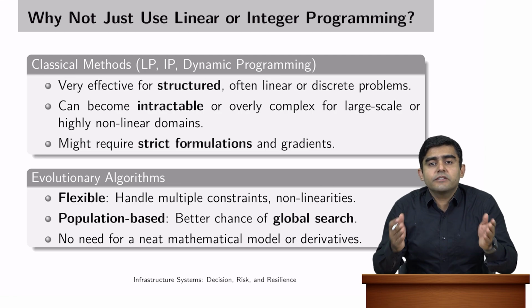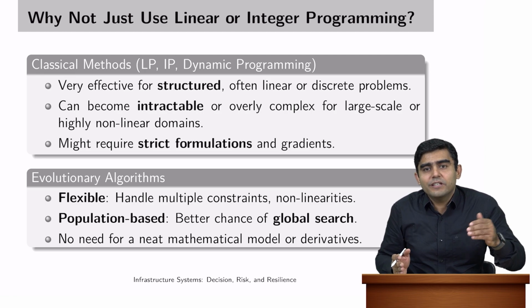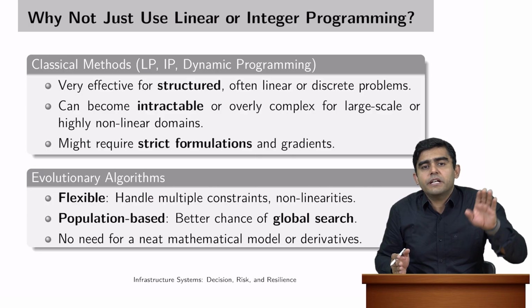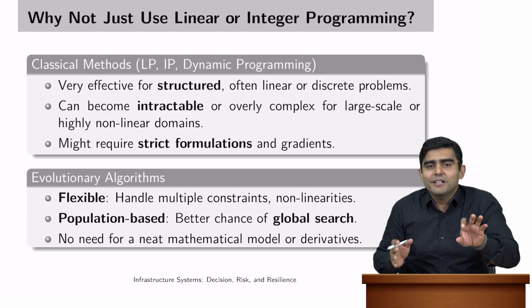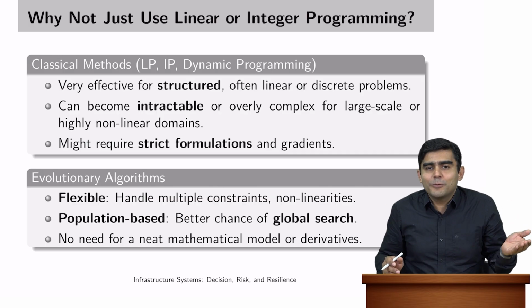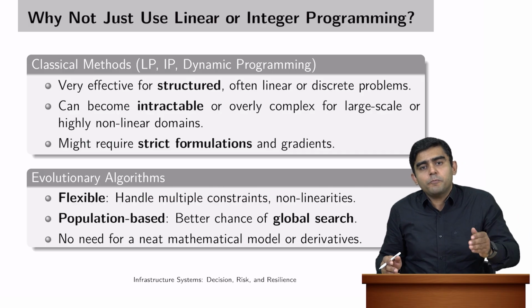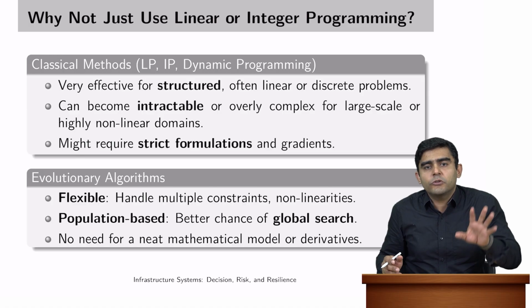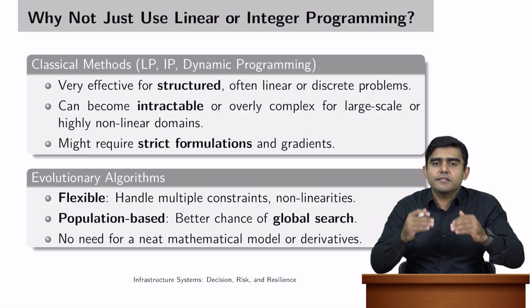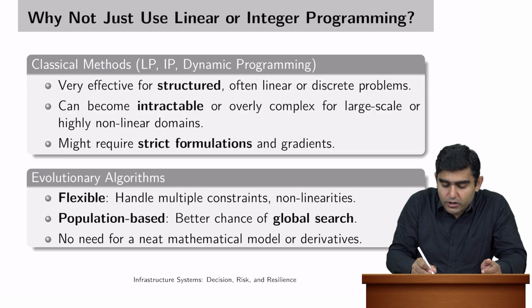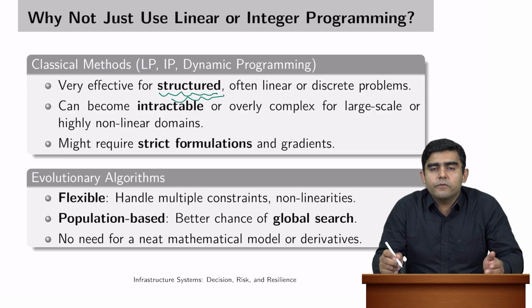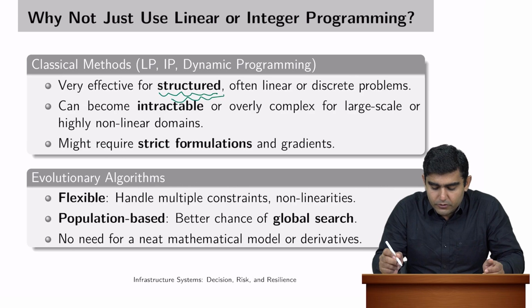However, that is not necessarily the case with evolutionary algorithms, because they may take you to a local optimum, or they may get stuck in some local minima, and there is no guarantee that they would come out of that. So whenever possible, we try to go with the theory, use theoretical guarantees, and get to our answers. However, whenever we do not have these structured equations or problems, we often go with evolutionary algorithms.